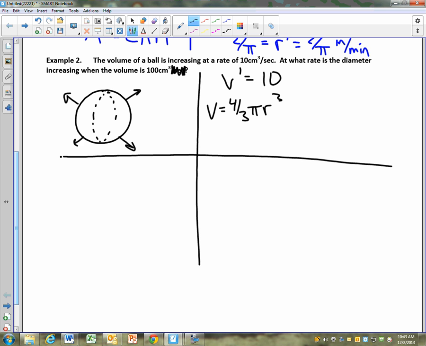Memorize them? No, I'll give you the formulas. We know that the volume is equal to what? 100. And what are we trying to find? Not just the diameter, but diameter prime, D prime. Very good. Equals question mark.